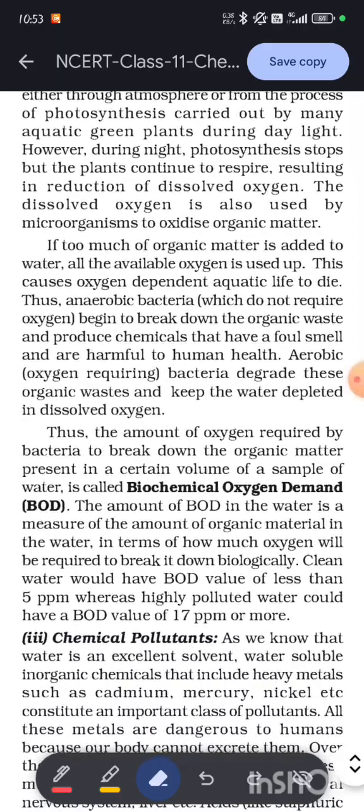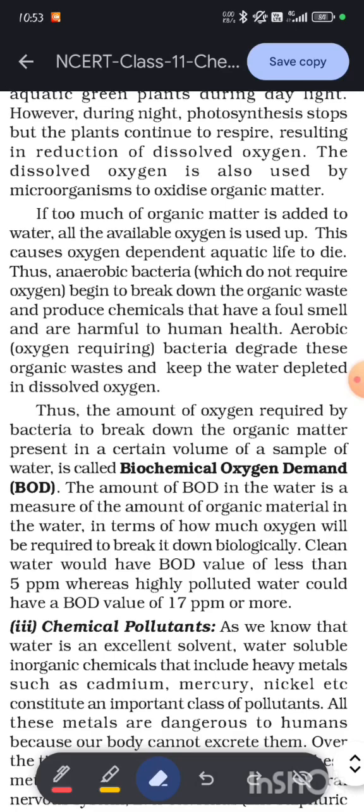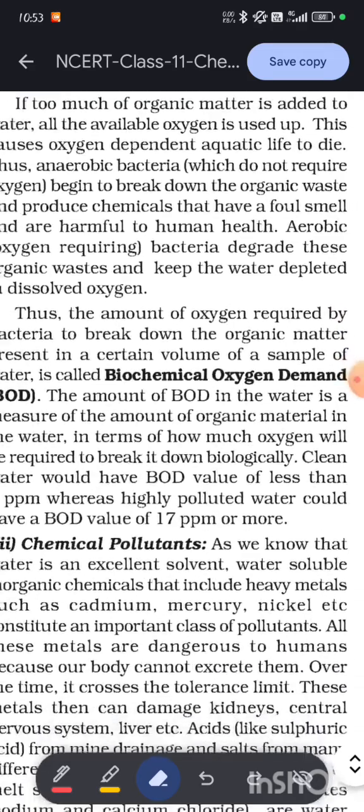The amount of BOD in the water is a measure of the amount of organic material in the water in terms of how much oxygen will be required to break it down. Biologically clean water would have a BOD value of less than 5 ppm, whereas highly polluted water could have a BOD value of 17 ppm or more.